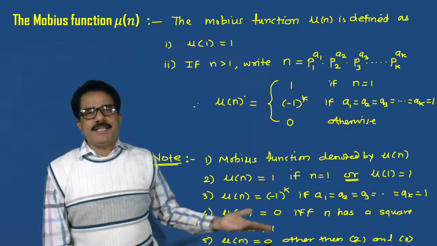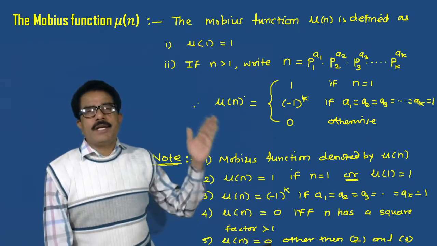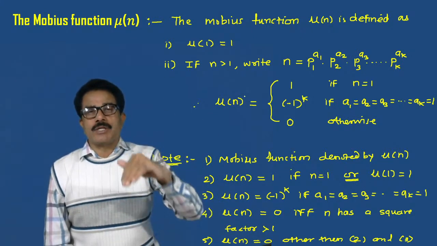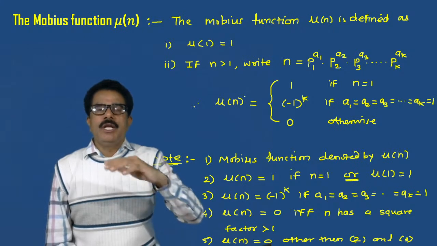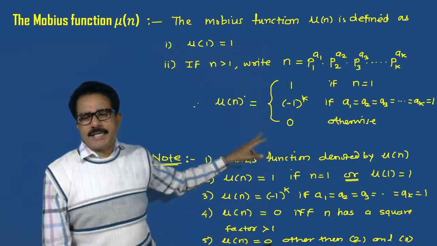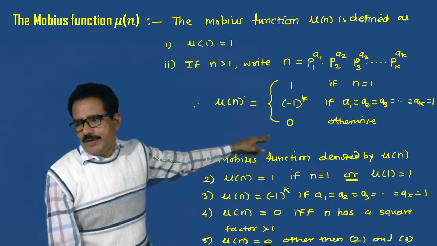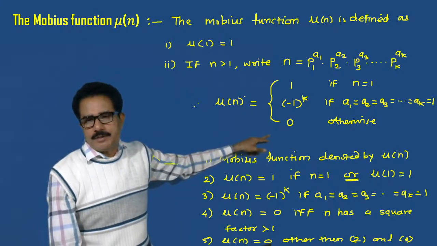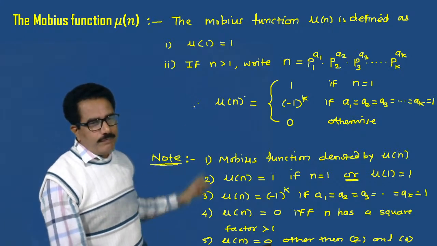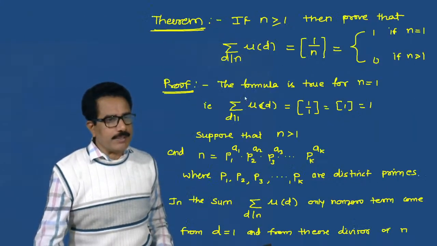Other than this, if the exponents are not all equal to 1, whatever the different values may be, then in that case the value of mu of n is always 0. These are the notes regarding the Mobius function.